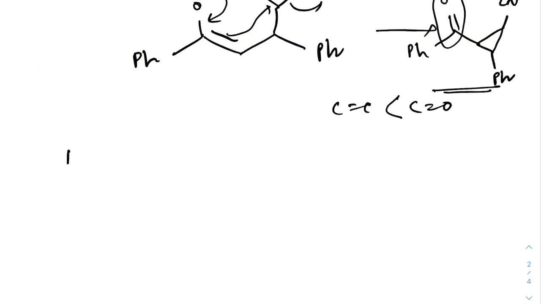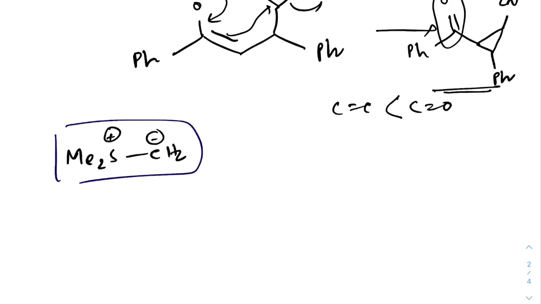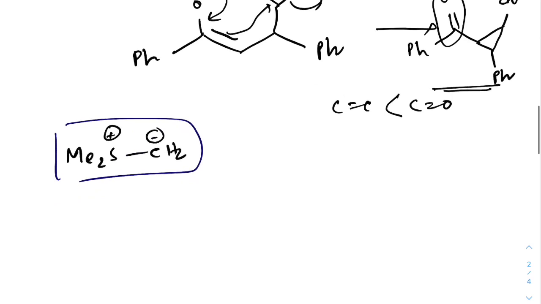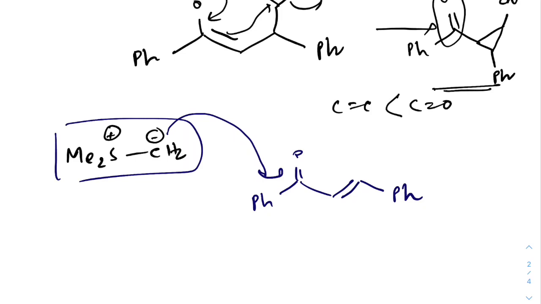In the presence of an unstabilized sulfonium ylide, which is like this, it generally reacts in a similar way at the carbonyl center as in the previous mechanism, but this reaction is not reversible because the ylide itself is not stabilized.